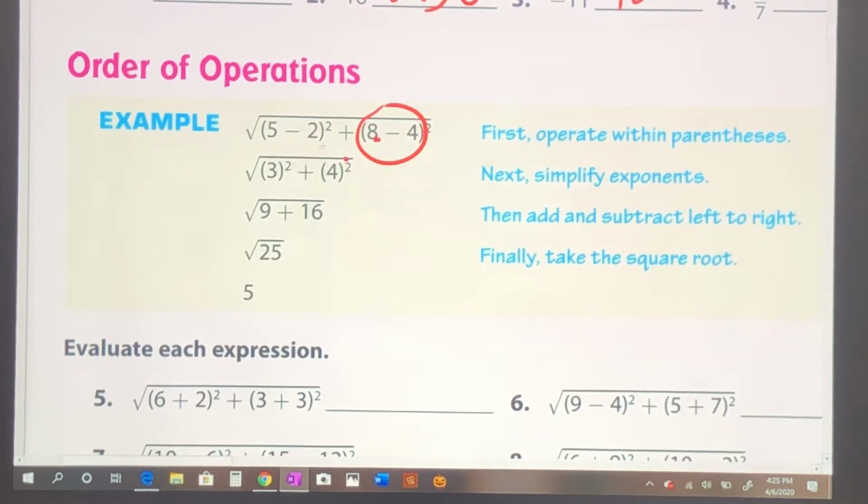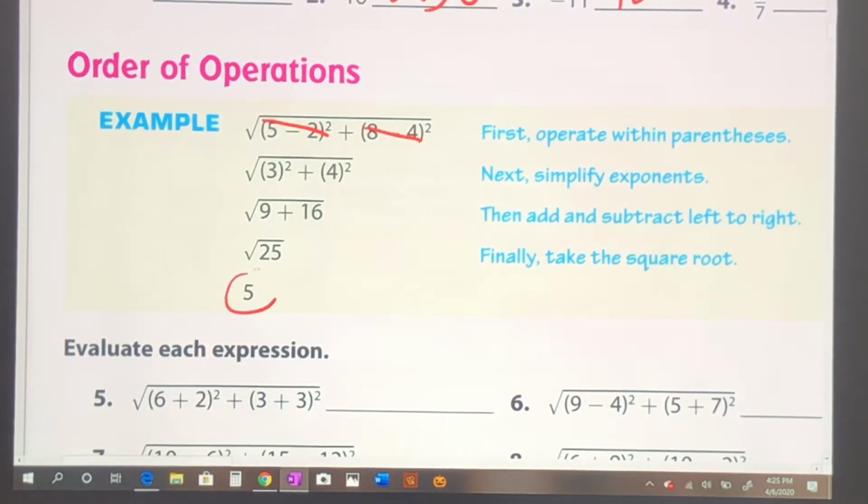What's 5 minus 2? 3, so it's 3 squared. What's 8 minus 4? 4, so it's 4 squared. You've got 3 squared plus 4 squared. Let's square them. 3 times 3 is 9. 4 times 4 is 16. 9 plus 16, 25. Square root of it's 5.